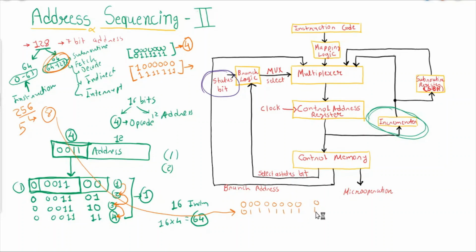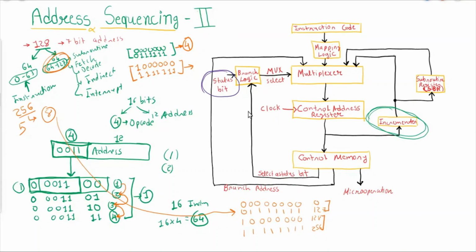So 0 to 127, and next will be 1 all 0 to 1 all 1. So 128 to 256.